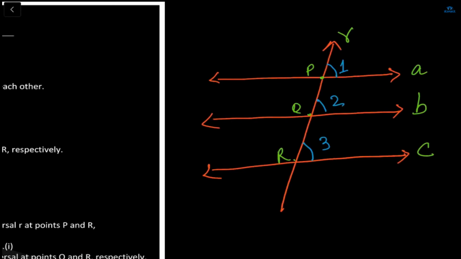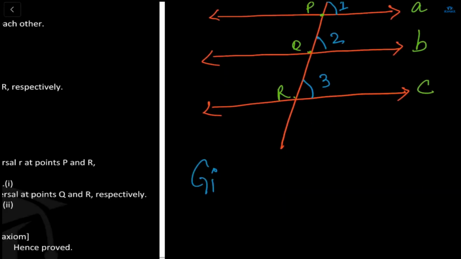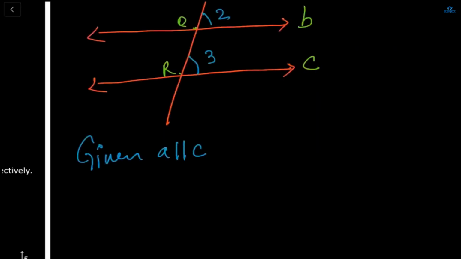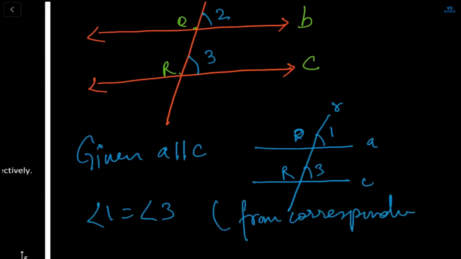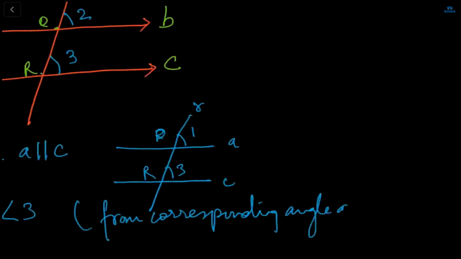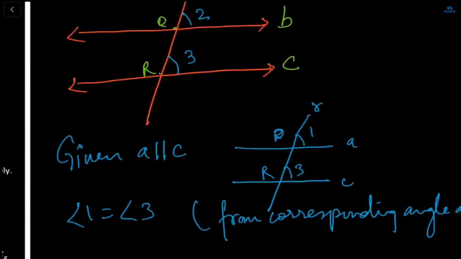Now it is given that A is parallel to C. Now, if A is parallel to C, just see for A and C, I'm passing the transversal R. Here will be P, and here will be R, angle 1 and angle 3. Angle 1 will be equal to angle 3 or not? Corresponding angles, from the corresponding angle axiom. Am I right or not? Yes, everybody. Angle 1 will be equal to angle 3. Any doubt?